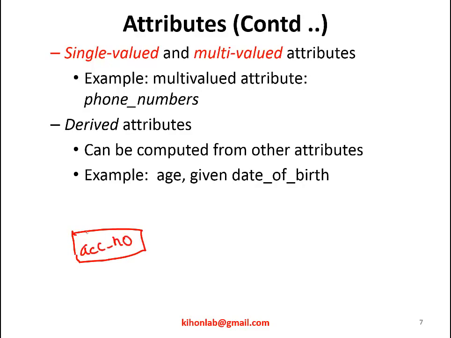For a multi-valued attribute, for example phone numbers, a person can have many phone numbers: landline, office number, home number. So these are multi-valued attributes. Then one more kind is the derived attribute. Derived attributes can be derived from a given attribute value. For example, age can be derived from a given date of birth.